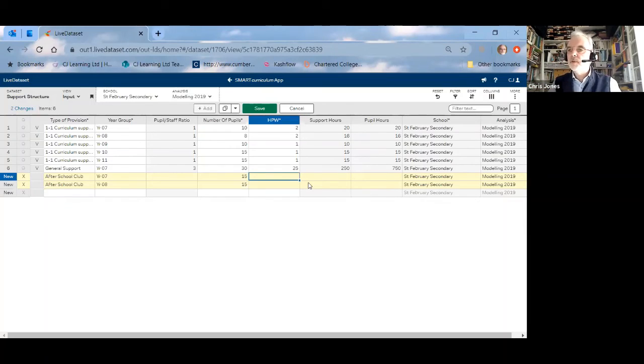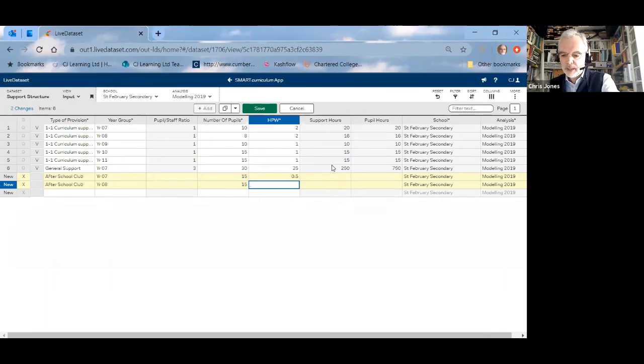Now, if that after school club lasts for an hour, they would effectively be breaking it down. So we would be looking at half an hour with one year group and half an hour with the other group. You wouldn't actually be delivering it as such, because you would be delivering to the mass.